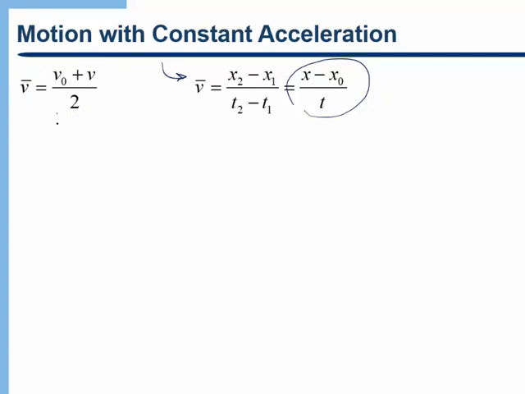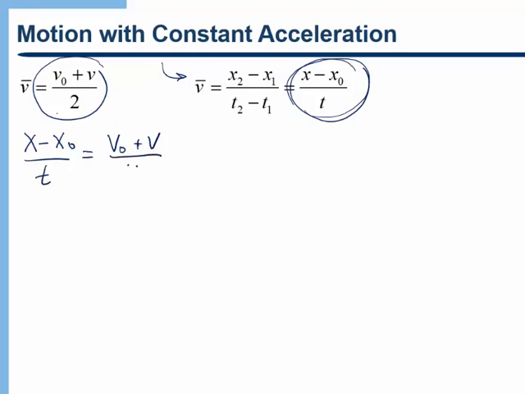And so what I'm now going to do is take this and set them equal to each other. So x minus x naught over t is equal to v naught plus v over 2. And now I'm just going to do a little bit of algebra here. I'm going to bring the t over, and then I'm going to bring the x naught over.